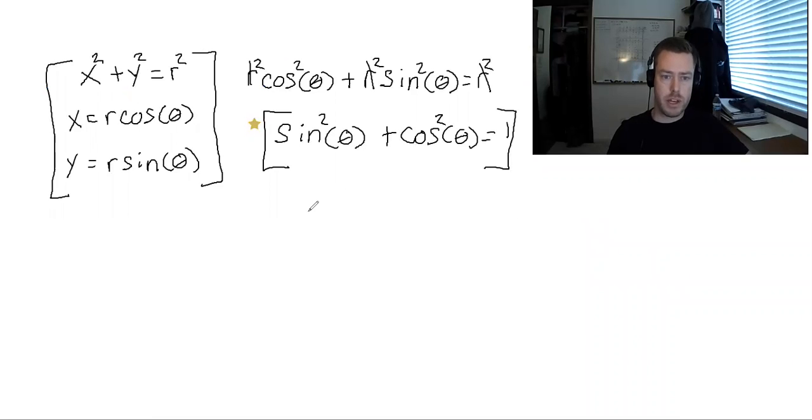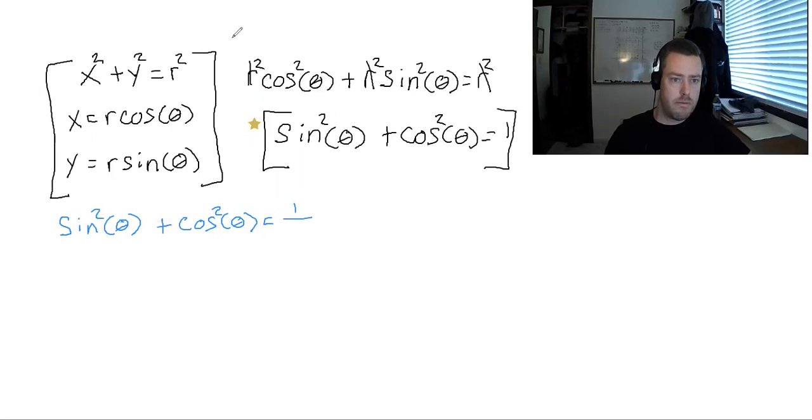Well, what happens if we divide both sides by cosine squared of x? Remember the one trick from algebra is you can do whatever you want to the equation as long as you do it to both sides. So let's divide both sides by cosine squared. Now you have sine squared theta plus cosine squared theta equals 1.